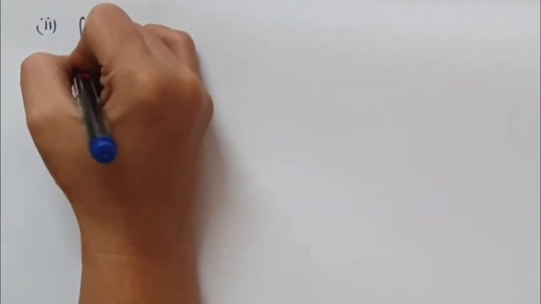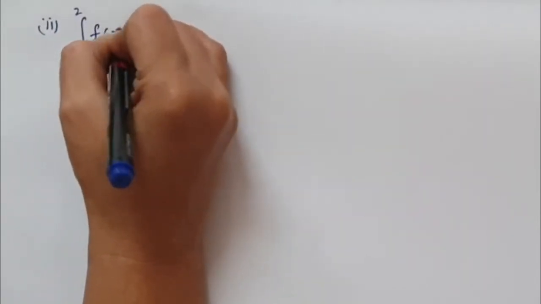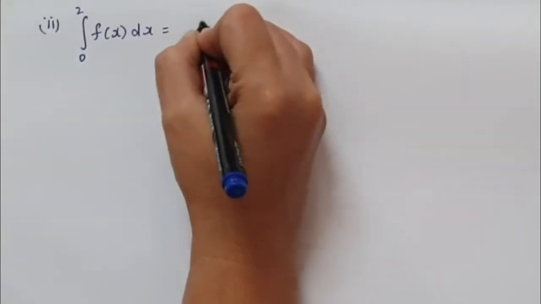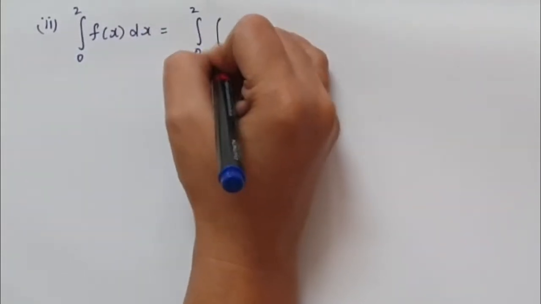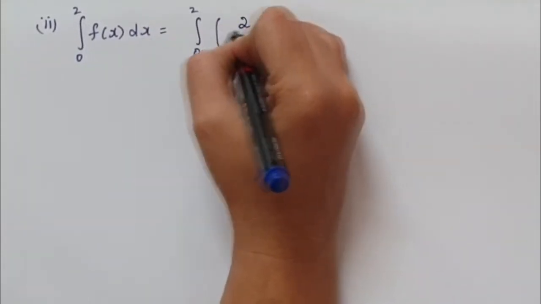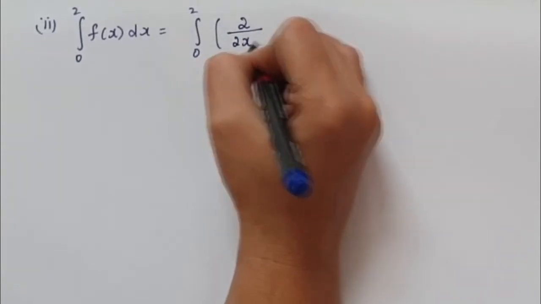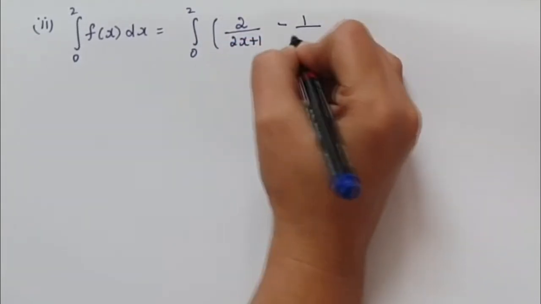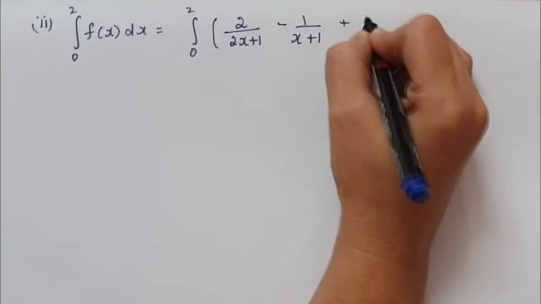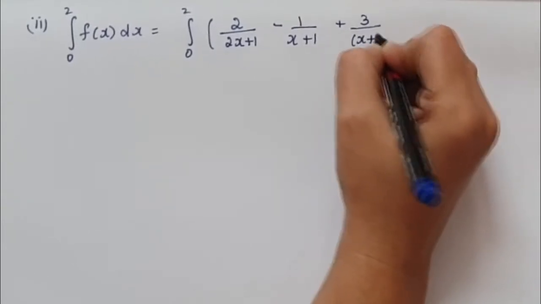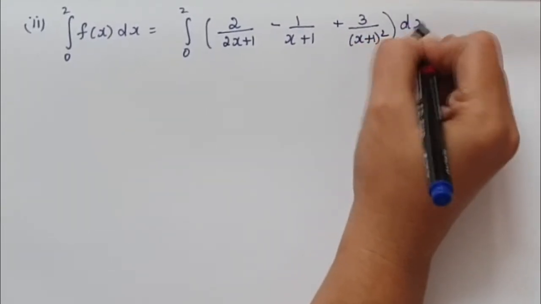Now in the second part, we'll do our integration of 0 to 2 f of x dx. That will be equal to integral 0 to 2, we'll just write whatever we have found out in our previous page. That is 2 over 2x plus 1 minus 1 over x plus 1 plus 3 over x plus 1 the whole square into dx.